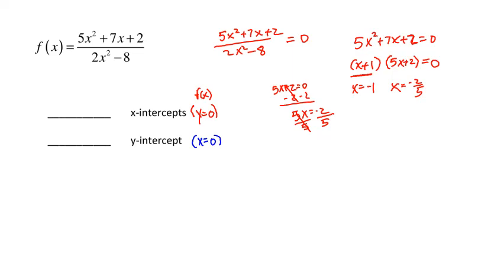So we have, for our x-intercepts, negative 1, 0, and also negative 2/5, 0.